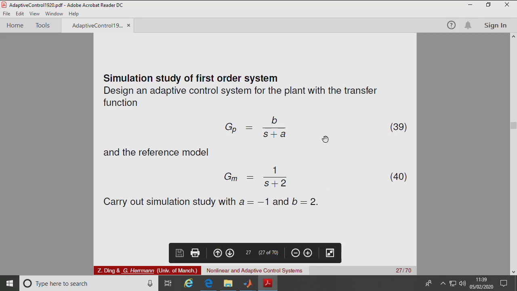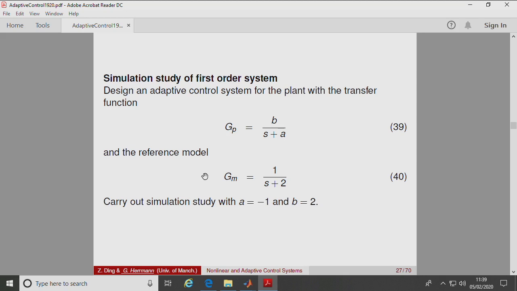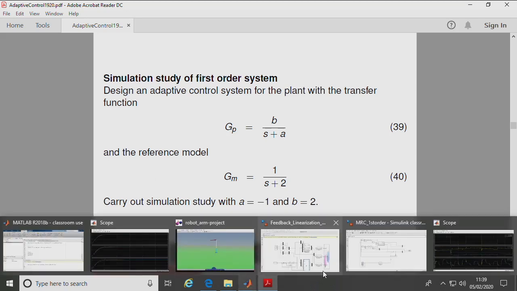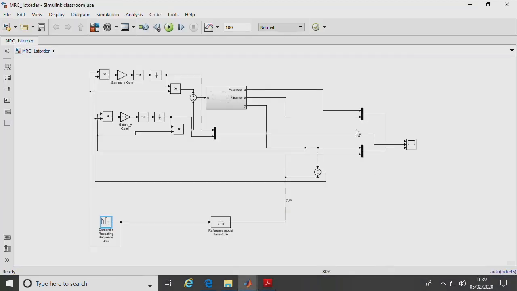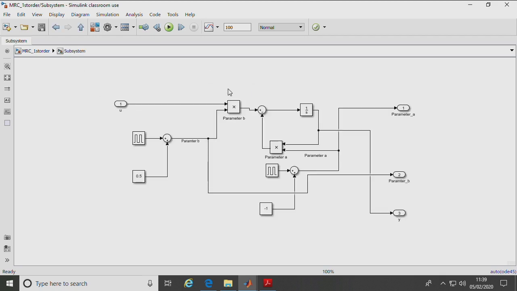Then we have here GM being our reference model. And I created this kind of simulation where we can look here. At first I've been a bit naughty.